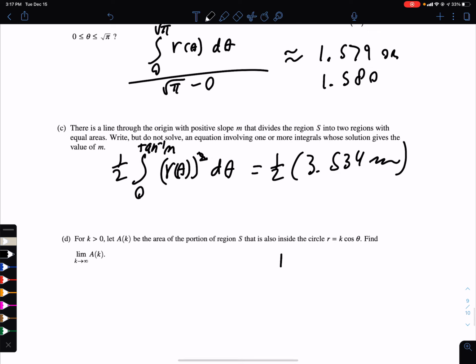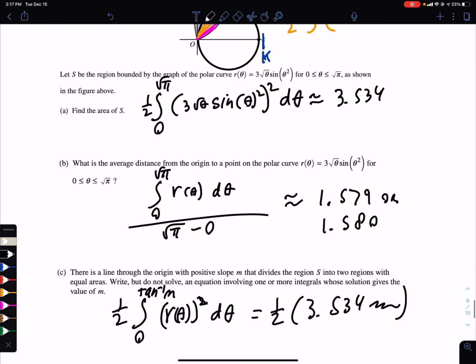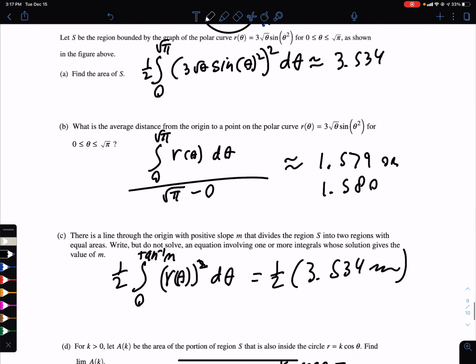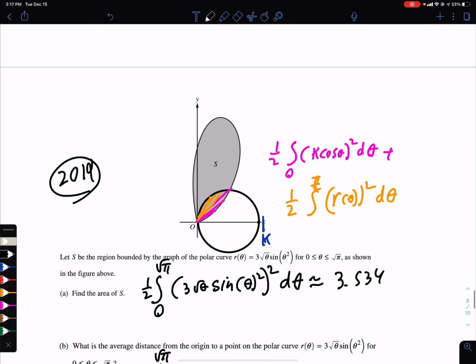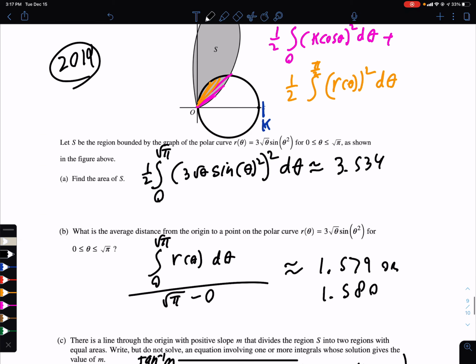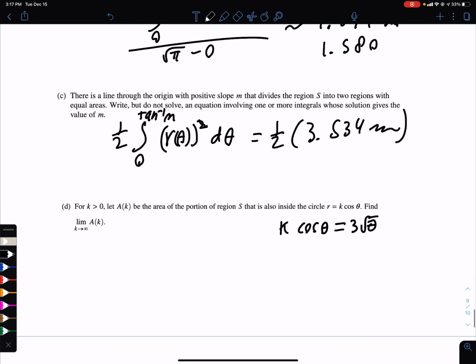Where does k cos theta equal the other function that we have, 3 radical theta sine theta squared?